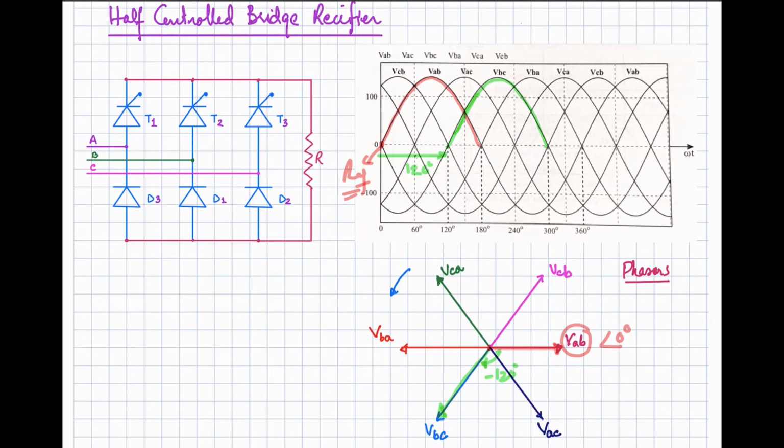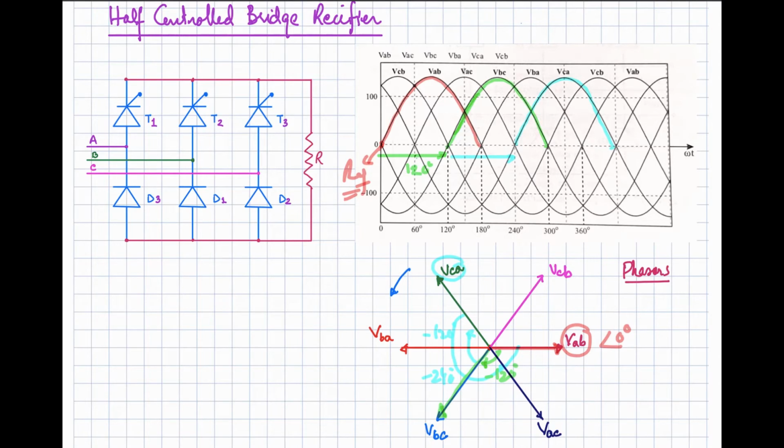Now if I look at the third waveform, that is VCA, this is further delayed by 120 degrees over here. So the total angle from this point till here will be equal to minus 240 degrees. So your line voltage waveforms are at an angle of 120 degrees with respect to each other.